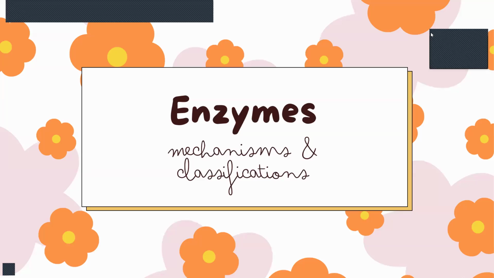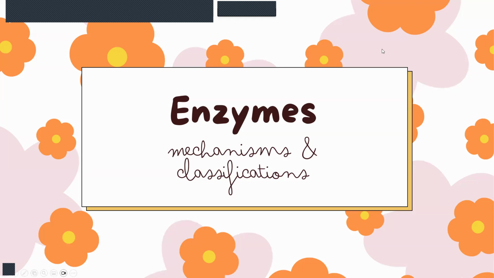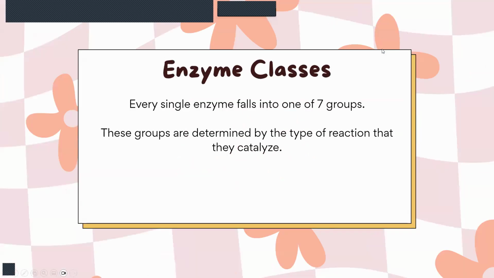Now, if you remember from our previous discussion of the classification of enzymes, we had a grand total of seven classes, but we really only investigated six of them. As a little bit of a review, every single enzyme will fall into a general category, and these are designated as EC and then a number.